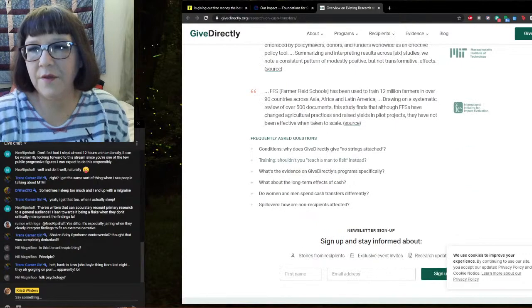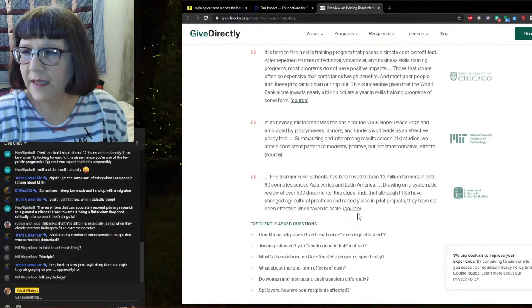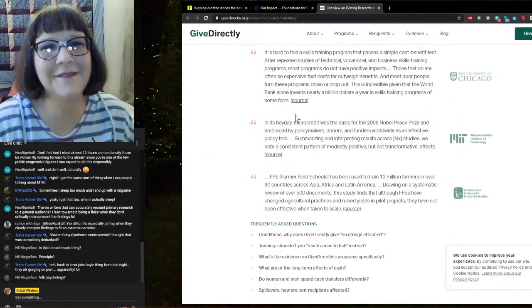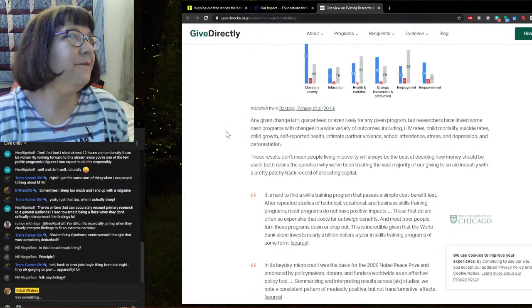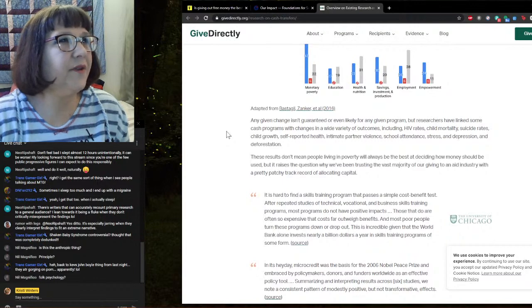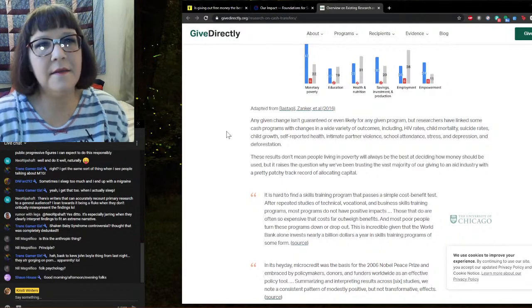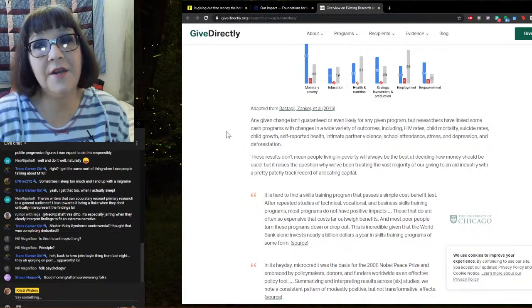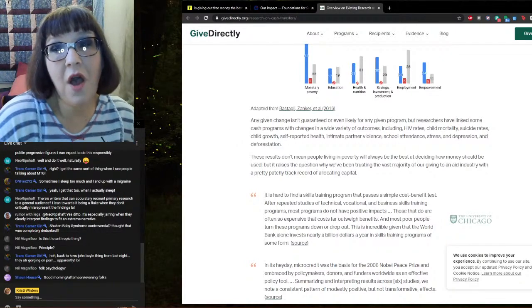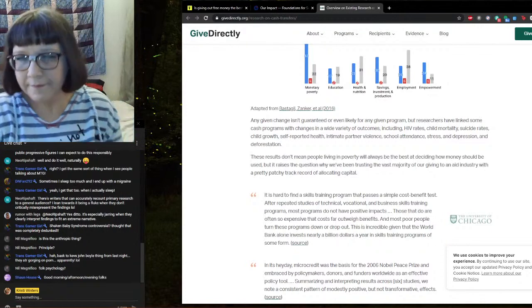This is another way that you can tell: whether or not they provide their sources. This is huge. If people are willing to provide their sources, it gives me more confidence if they link them, because then if I need to go look at it and they're wrong, I can just see it.